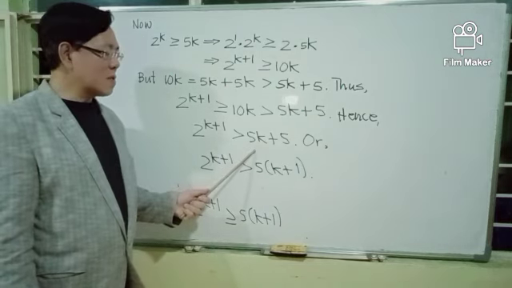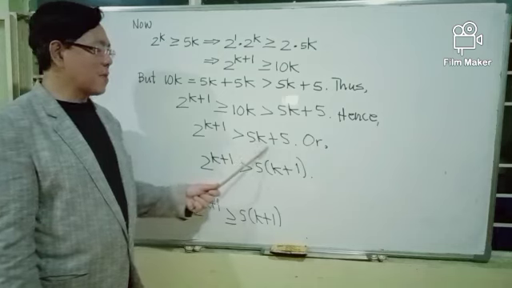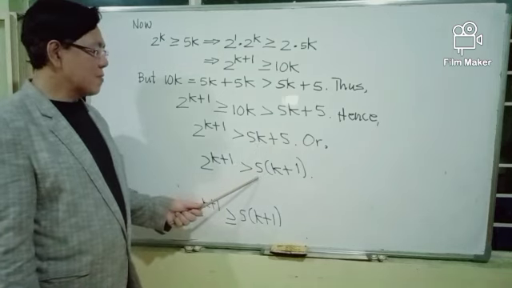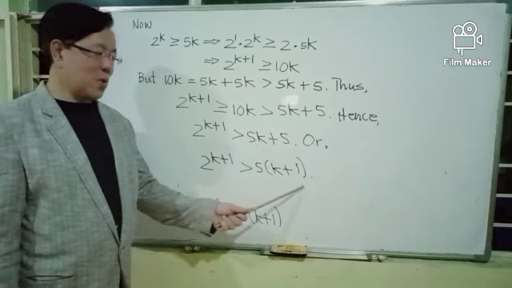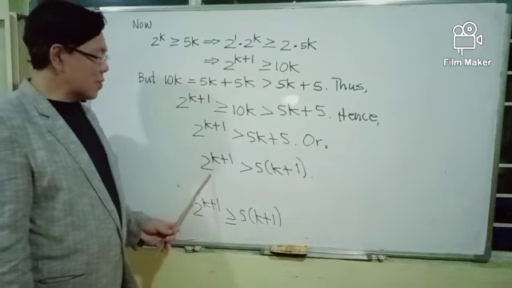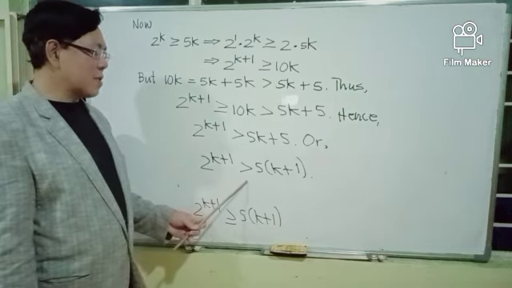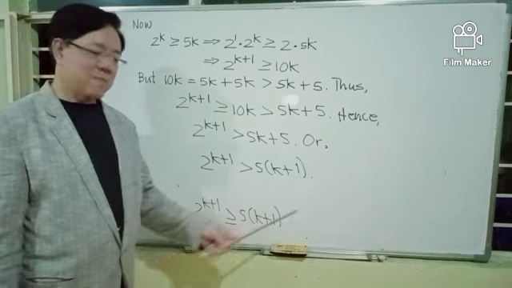Factoring out the common factor 5 from 5k plus 5, we get 5 times quantity k plus 1. Thus, we have shown that 2 to the power k plus 1 is greater than 5 times k plus 1.